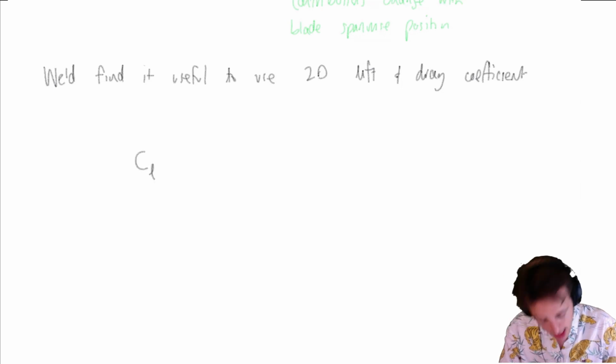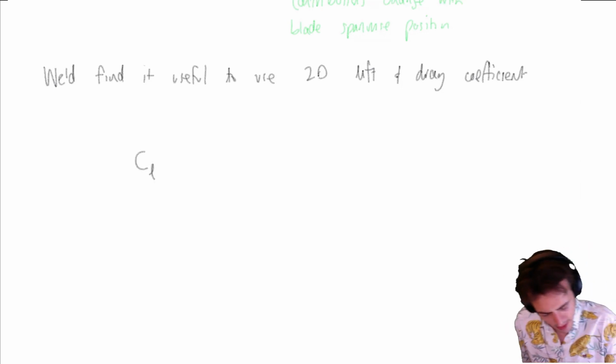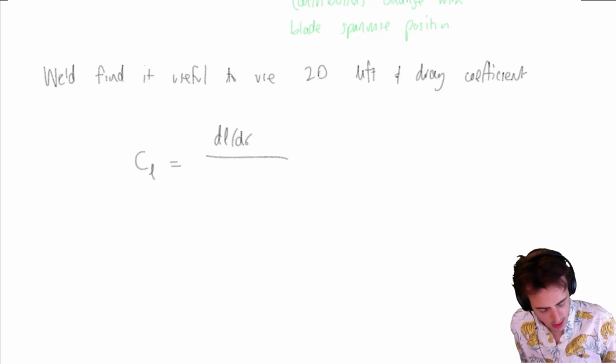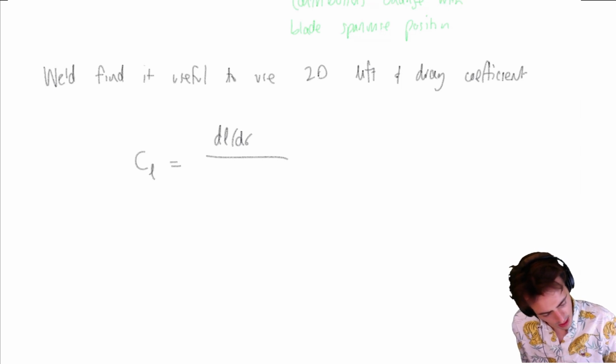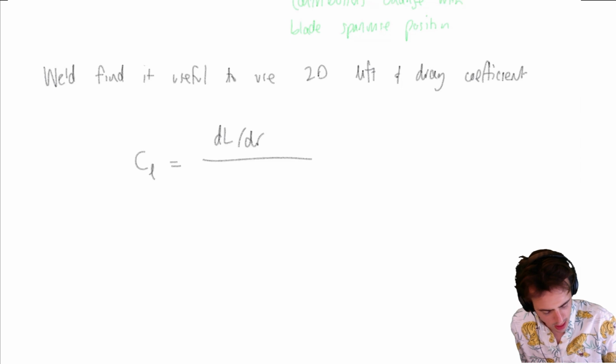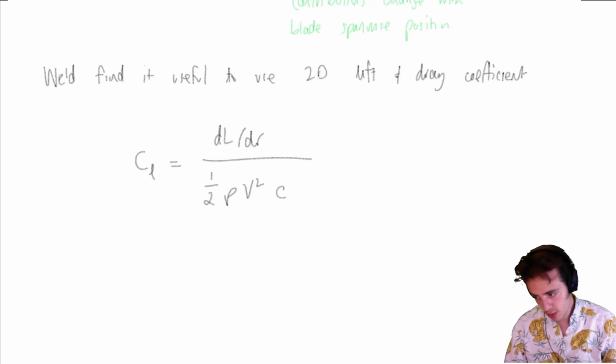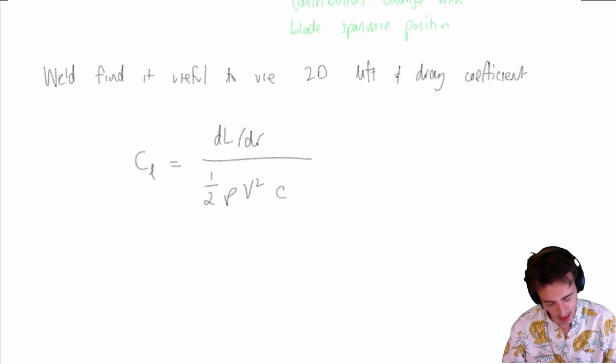So that's Cl, with a lowercase l subscript, equal to dL on dr divided by half rho V squared c. Because it's two-dimensional, we only have a c and not an S at the bottom.